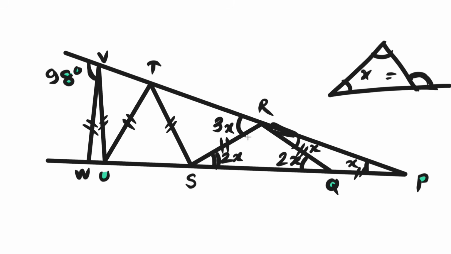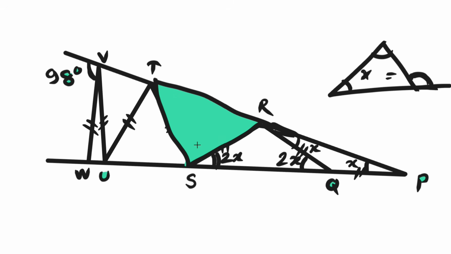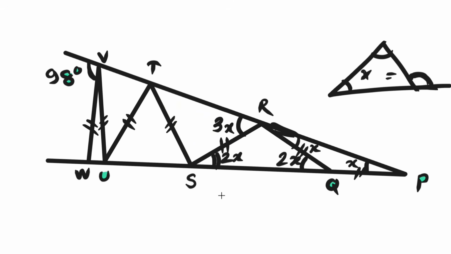Now we move one triangle farther to the left and examine triangle RST. The two marked sides RS and ST are equal, so triangle RST is isosceles. And because the relevant base angle coming from the previous step is 3x, the matching base angle must also be 3x.